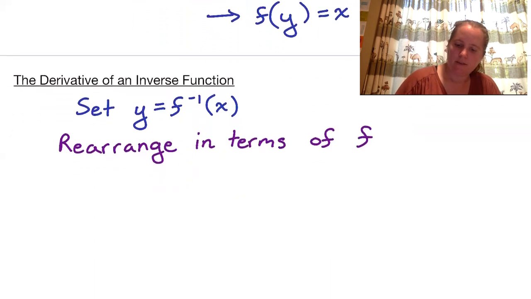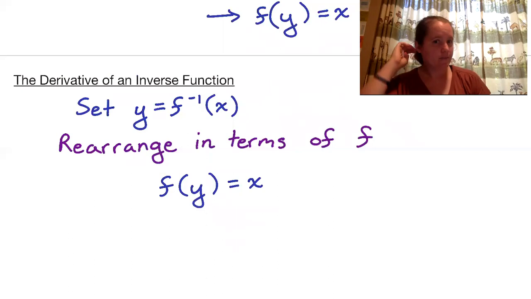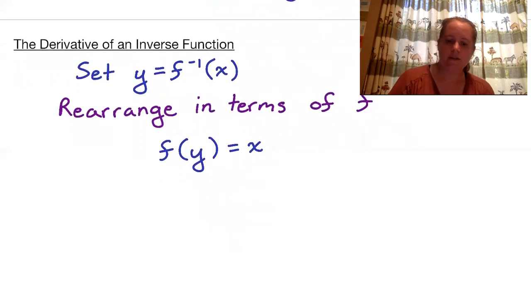So this becomes f of y is equal to x. Then we can differentiate implicitly.